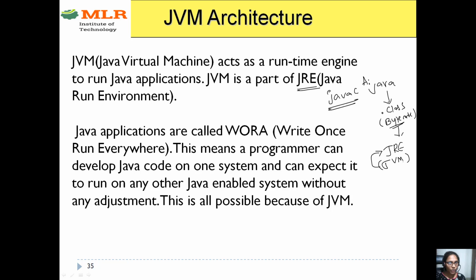And we know Java has a feature called WORA, that is write once, run anywhere. That means you write the application only once, but you can execute it on any platform, anywhere or everywhere. This WORA feature is because of the JVM, the Java Virtual Machine.